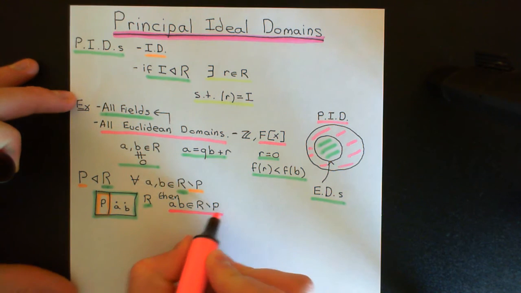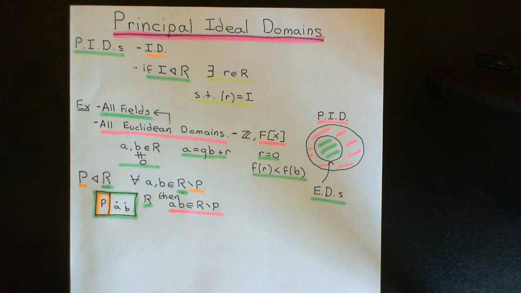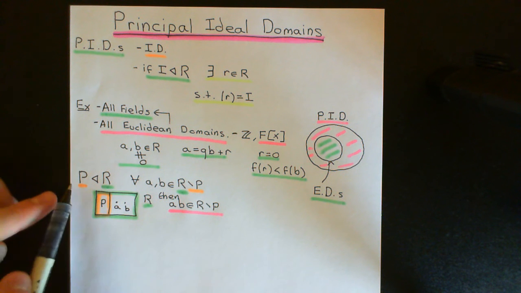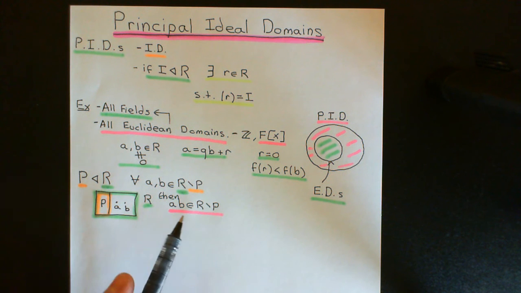So if you do multiply two elements together and get something within the prime ideal, then you can conclude that either one or both of them are elements of the prime ideal already. That's the definition of a prime ideal, an ideal for which the only way to multiply two elements together and get something in that ideal is if one or both of them are elements of the prime ideal. That's a definition that works in an arbitrary commutative ring.